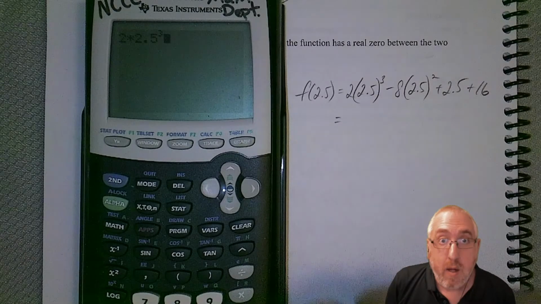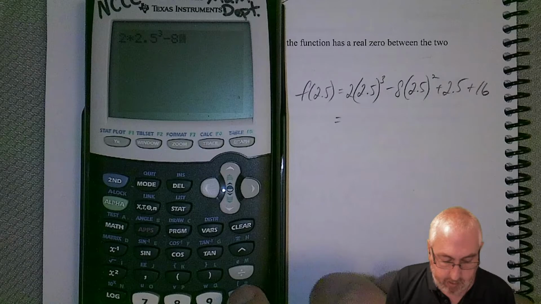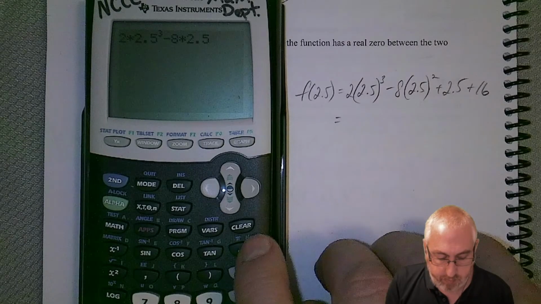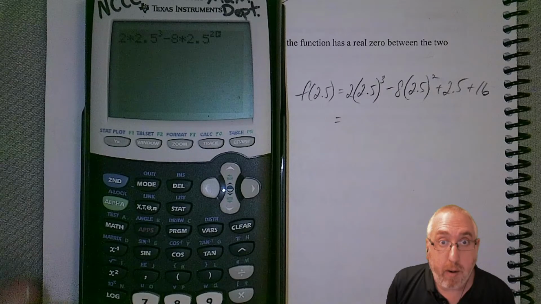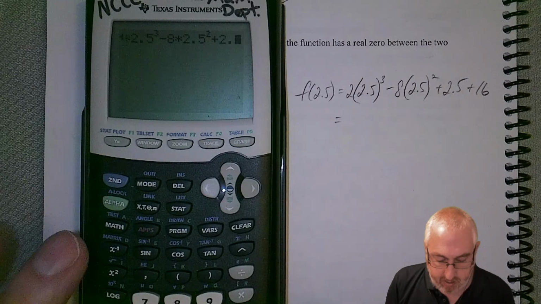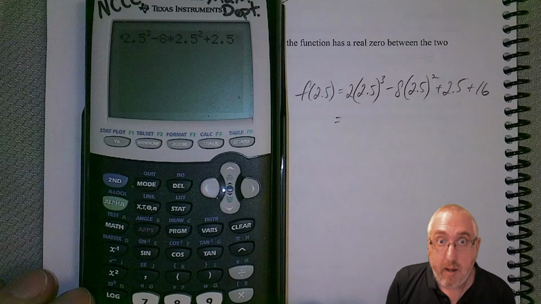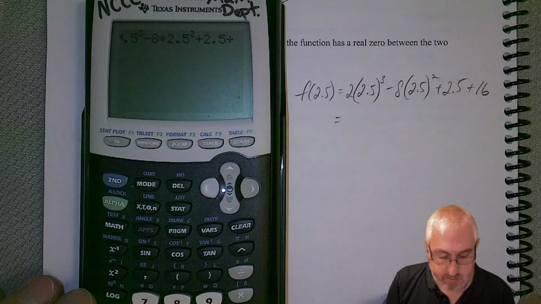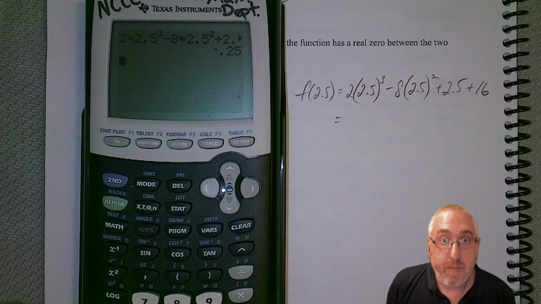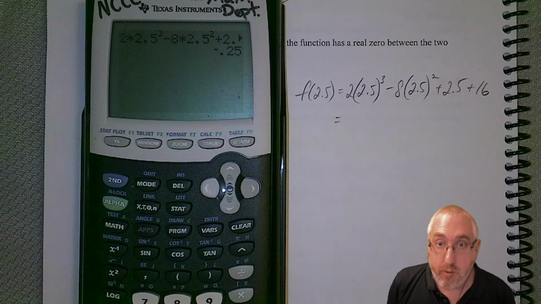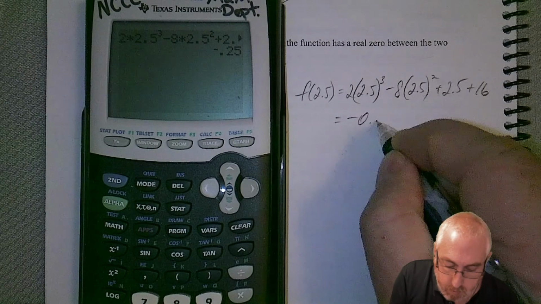And then we want to subtract 8 times 2.5 to the second power. And then we want to add 2.5, and then we want to add 16. Let's see what we get. Negative 0.25. So negative 0.25.